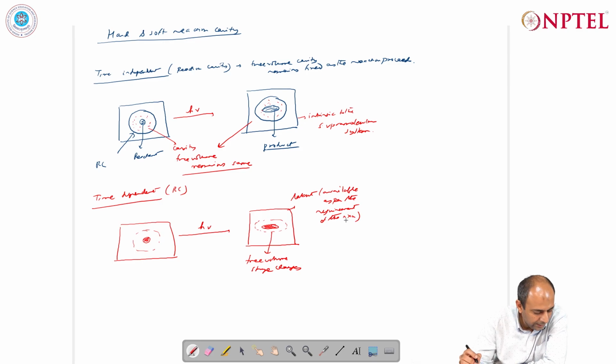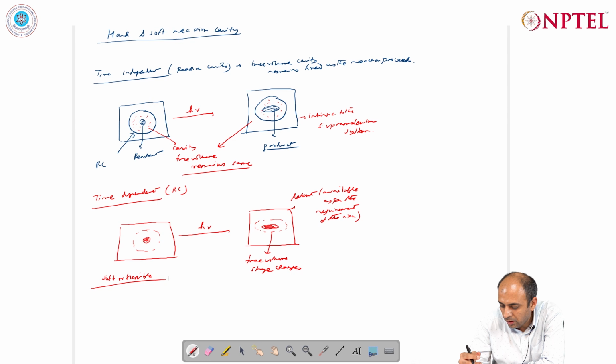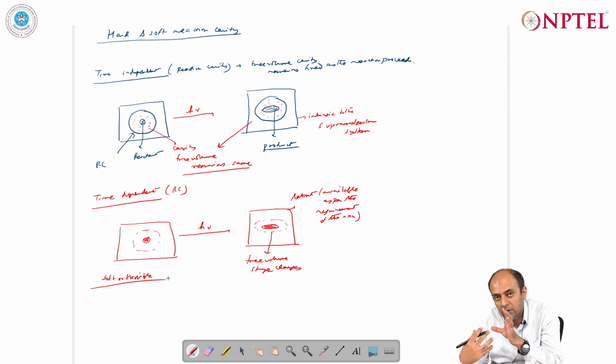So this is a latent cavity, that is the cavity or the free volume will be available as the reaction proceeds, and that is why the nature of this cavity is soft or flexible, which can accommodate the product very well due to changes in the shape and the size of the product.